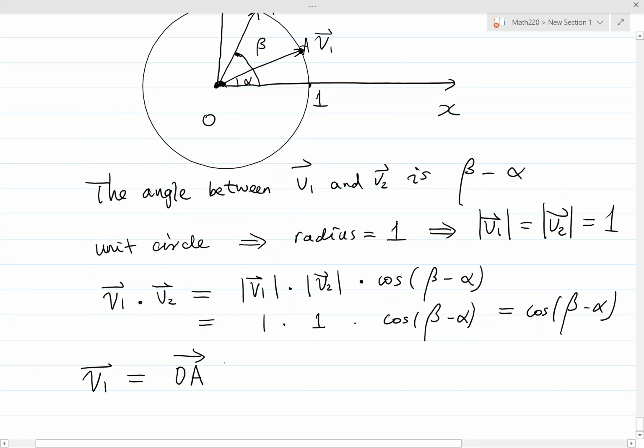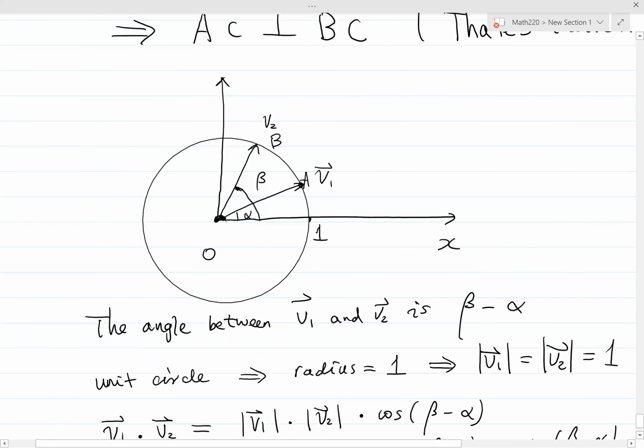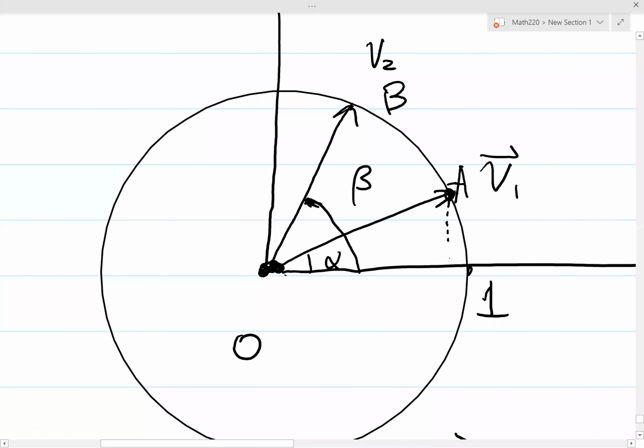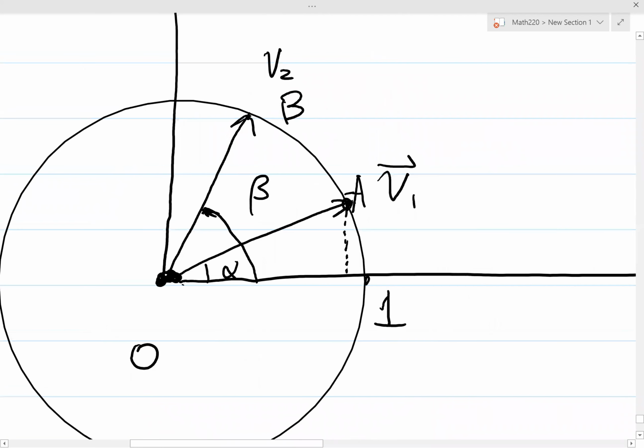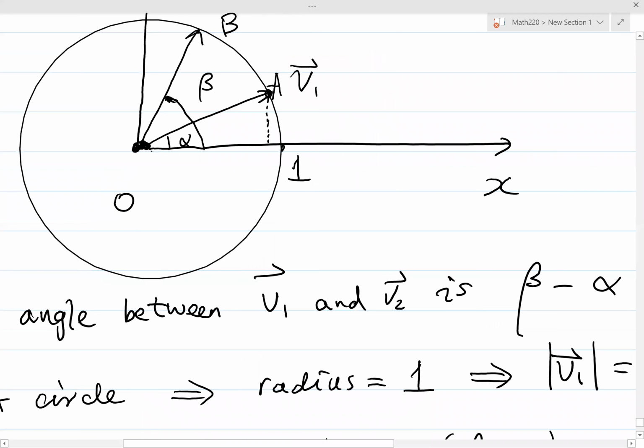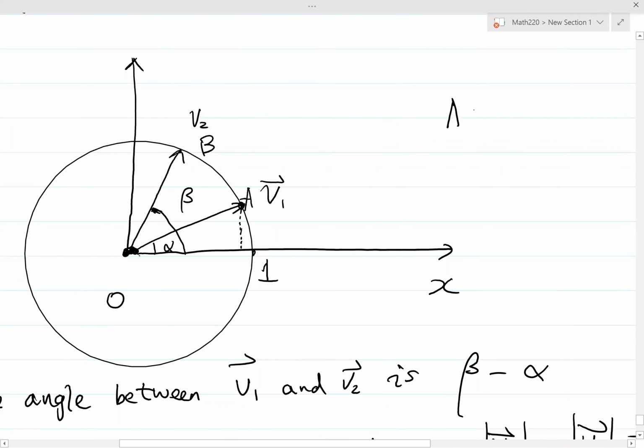Now you can write down the coordinate of A by solving the geometry. The hypotenuse is 1, so you can find the two sides. It's very easy. A is cosine alpha, sine alpha.